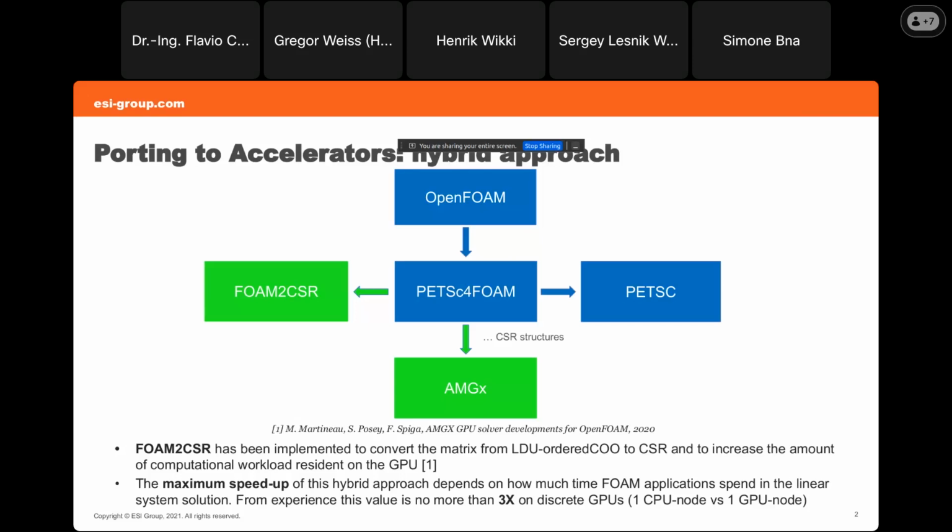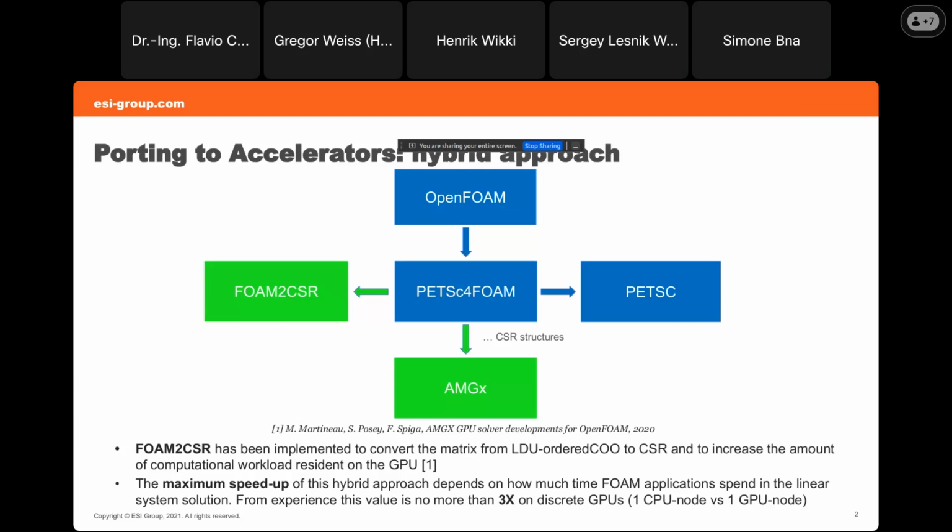And Foam2CSR, which is a utility used by Petsc4Foam to convert the matrices from the native OpenFOAM format, which I call in some papers and deliverables LDU order at COO, meaning that the matrix is split into three matrices: lower, diagonal, and upper. And for lower and upper, we use the coordinate format in ordered fashion.